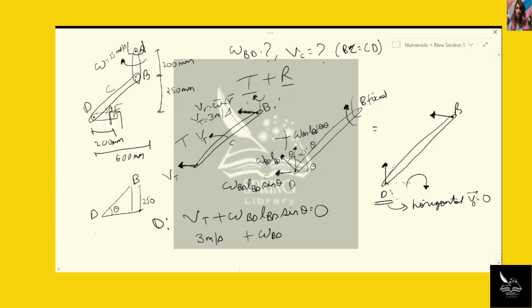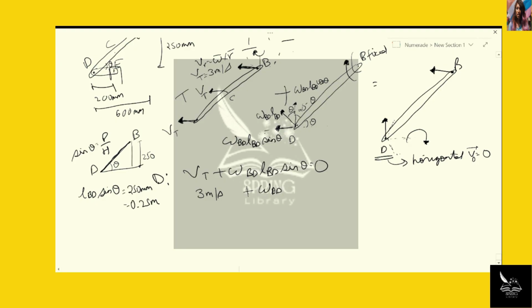Now if you look at this right angle triangle, then LBD times sine theta. So LBD is just the hypotenuse of this triangle, and we know that sine theta is perpendicular over hypotenuse. So hypotenuse times sine theta will be just perpendicular, so this will be 250 millimeters or 0.25 meters.